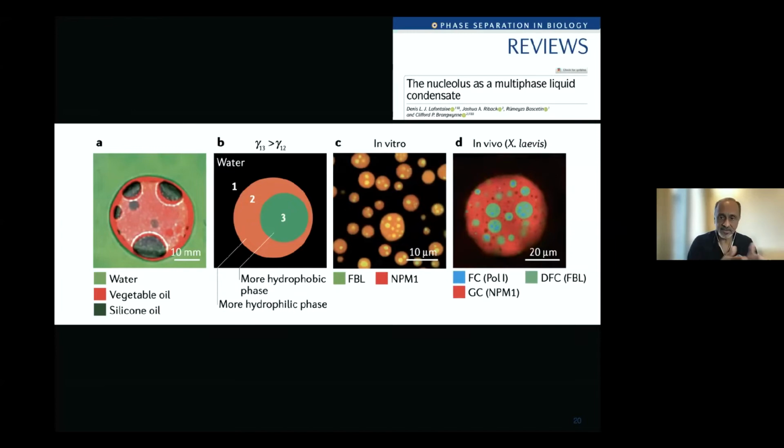Here's a set of examples where you look at water, vegetable oil, and silicone oil, all of which have different levels of surface tension, and you can look at how they form little droplets within other little droplets. You can reconstitute in vitro elements of what goes into the cell's nucleus and ask how they organize. Then you can look at the real cell example, from the oocytes of Xenopus laevis, where you see how regions that define the nucleolus begin to look like the little phase-separated droplets to your left as they come together, assemble, and begin to coarsen.